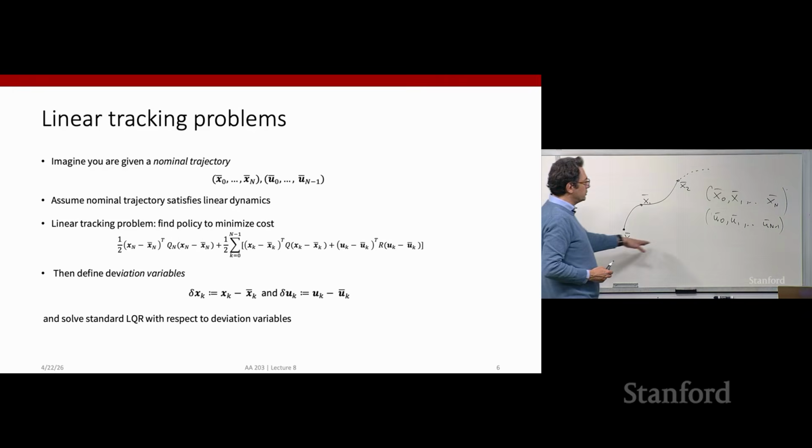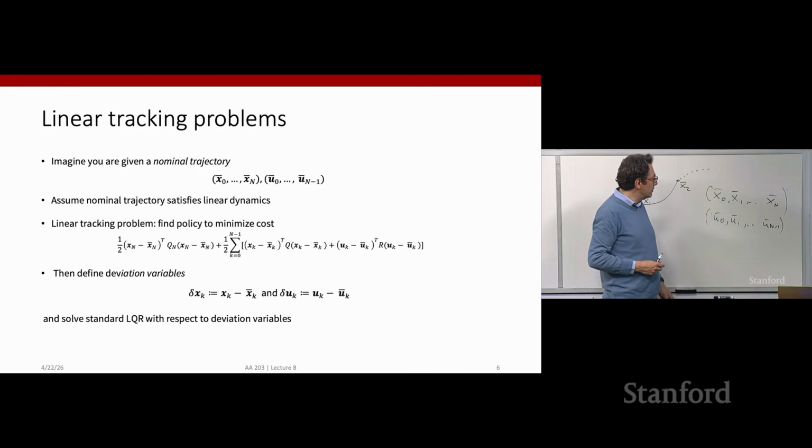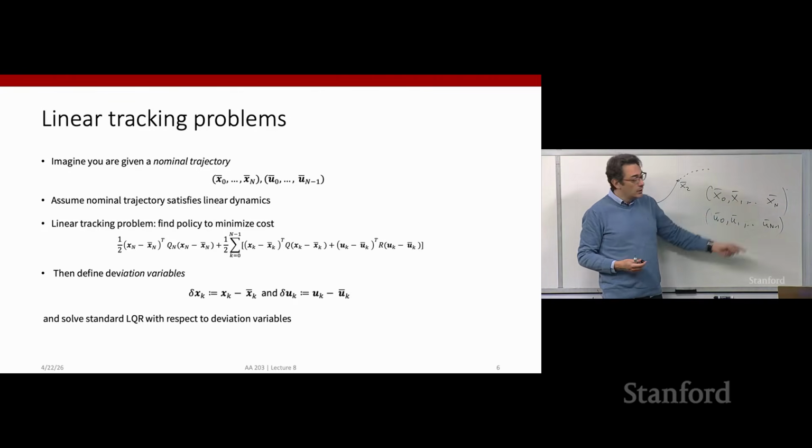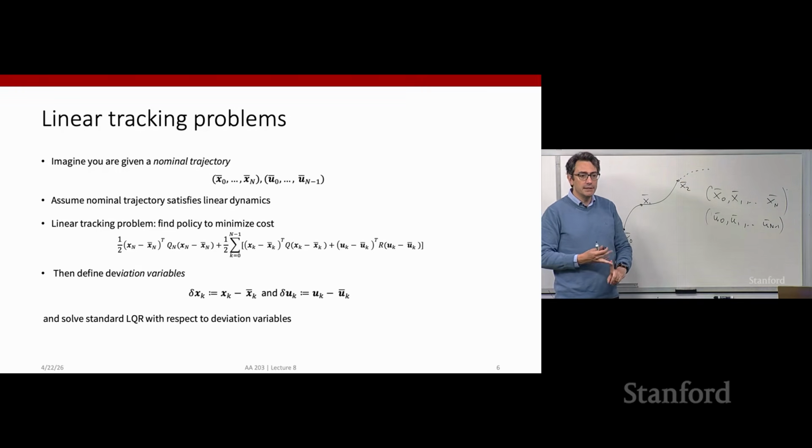Where is this reference trajectory coming from? Maybe from one of the methods we covered last time. So for example, you run SCP on your general nonlinear optimal control problem. You compute a trajectory in open loop form. And that's a trajectory that you would like to follow. But now the problem is that in real life, you have model mismatches, you have disturbances.